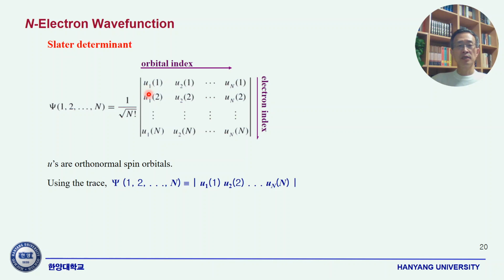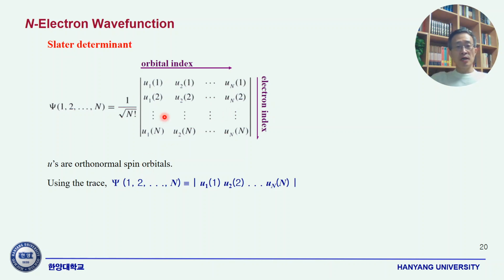Then you write your first electron, second electron, and nth electron. So the orbital index goes this way and the electron index goes that way. Recall the Pauli principle: you just put electron over electron over electron like that. Either way, it's a mnemonic device.